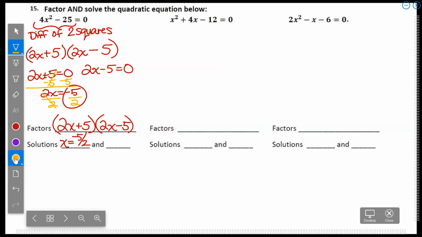For the other one, I have to add 5 to both sides. 2x equals 5. Divide both sides by 2. So the other one is +5/2. X equals 5/2.